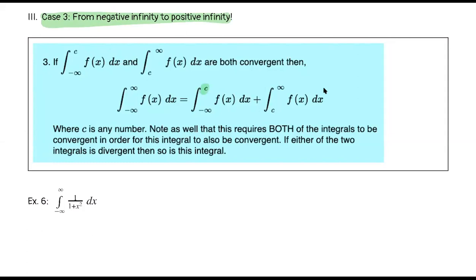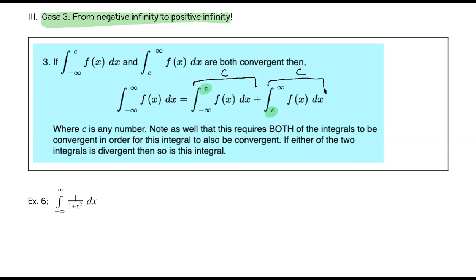And so we're gonna pick a value C that is between negative infinity and positive infinity, and C can be any number, okay? But what we're gonna need at the end is we're going to need for this integral to be convergent, meaning we can find a value for it, and this one also needs to be convergent.